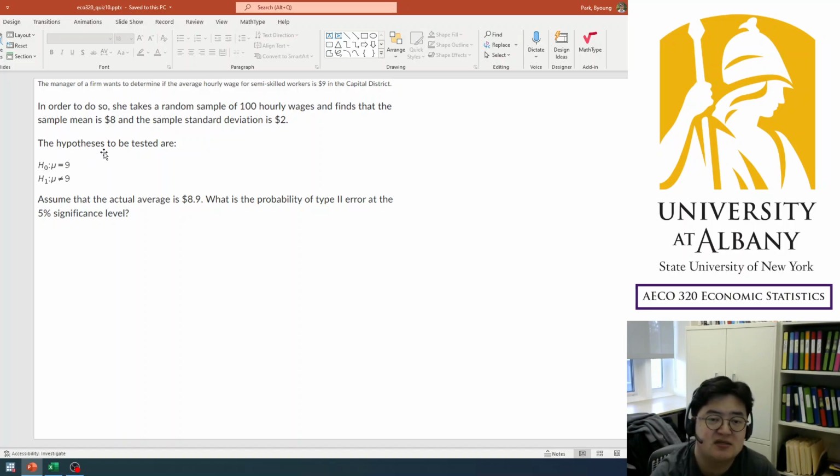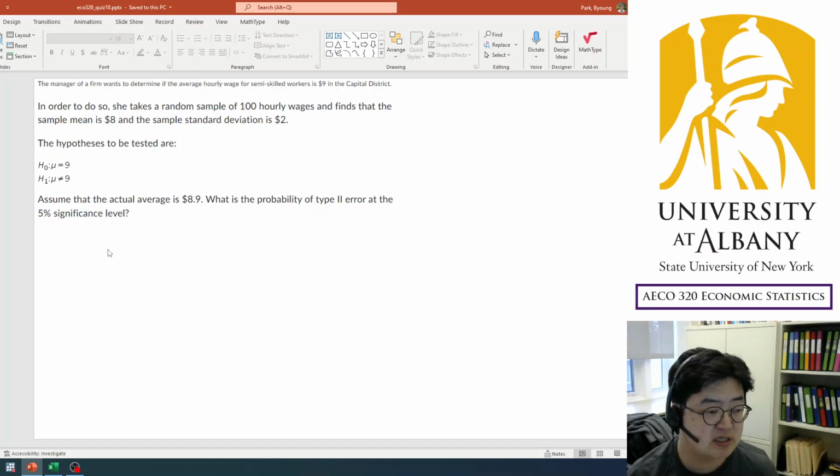The hypotheses to be tested are the null is 9 and the alternative is different from 9. So it's a two-tailed test. Assume that the actual average is $8.9. What is the probability of type 2 error at the 5% significance level?